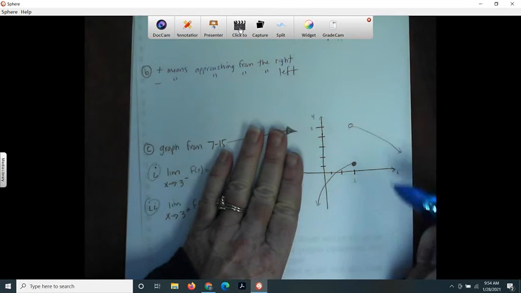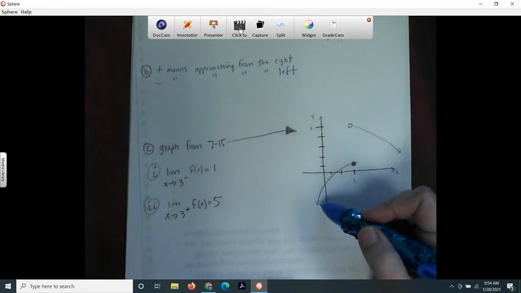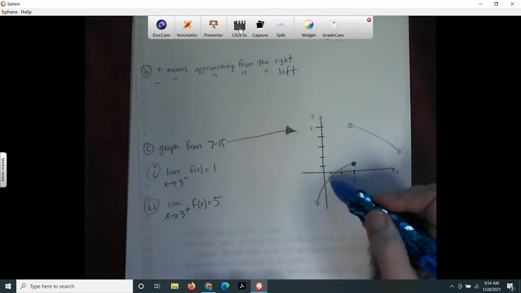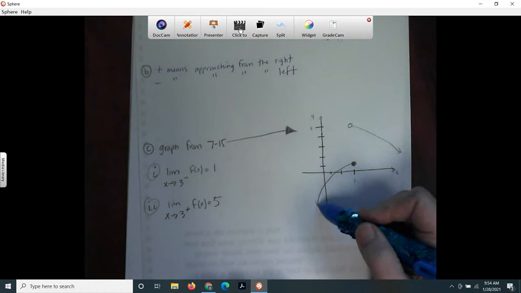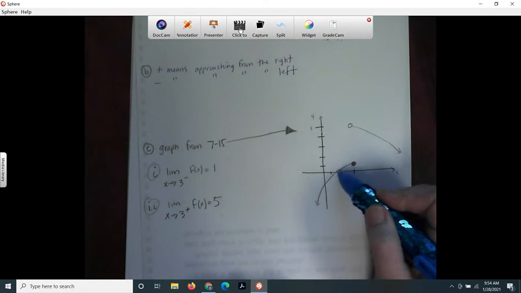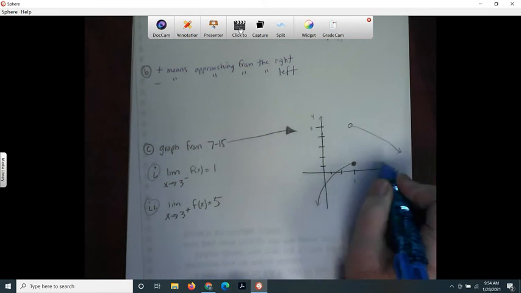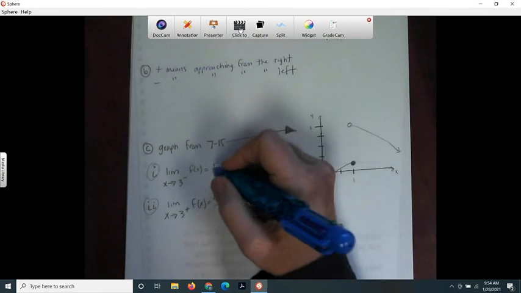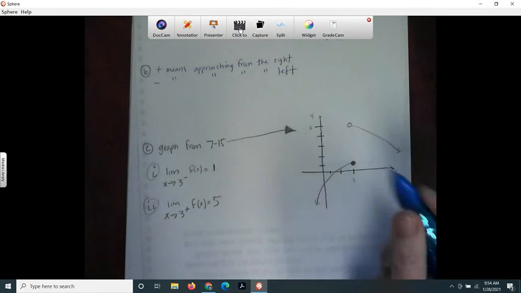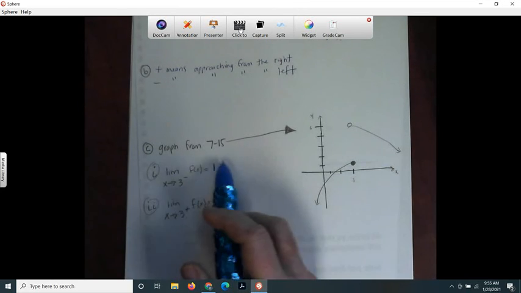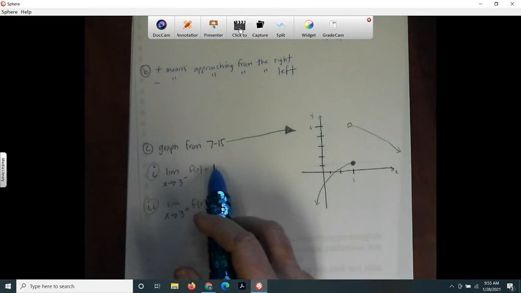So let's approach 3 from the left and see where we end up. If I crawl like a little bug up this hill, and there's 3 right there, it looks like I'm going to end up at, you always use the y value, it looks like I'm going to end up at 1. When you're taking a limit, f of x is the y.